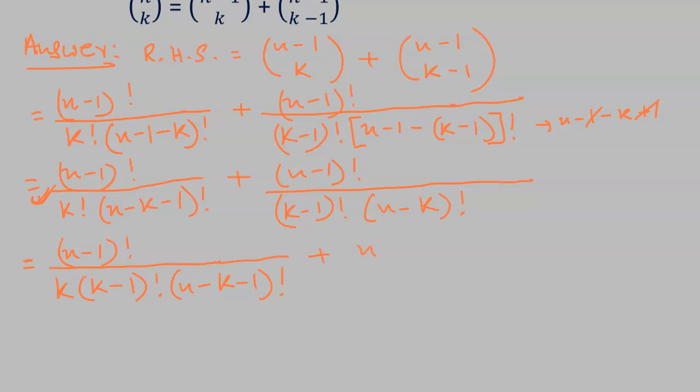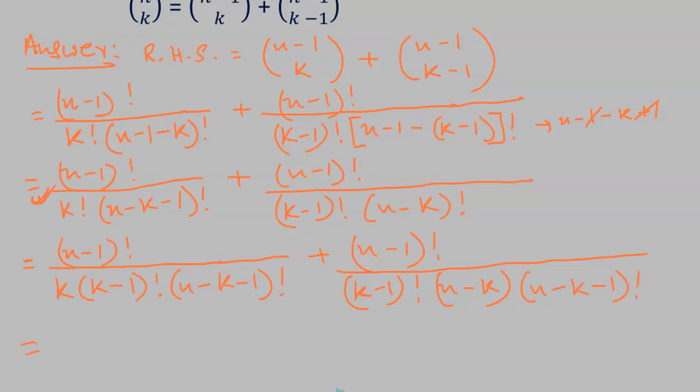Plus n minus 1 factorial over k minus 1 factorial and n minus k times n minus k minus 1 factorial. Okay.